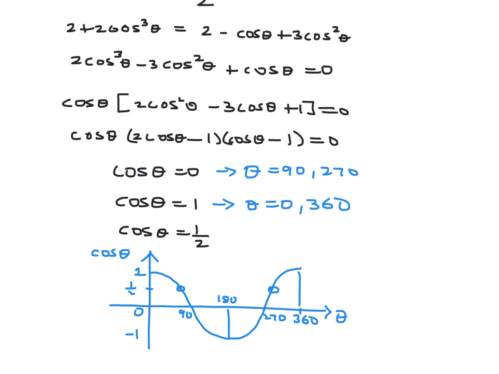I've done this so many times, but even if you don't, you can use your calculator. 60 degrees, and the other one would be 30 degrees plus 270, so that would be 300. So 90, 270, 0, 360, 60, and 300 are the values of theta that satisfy that equation.